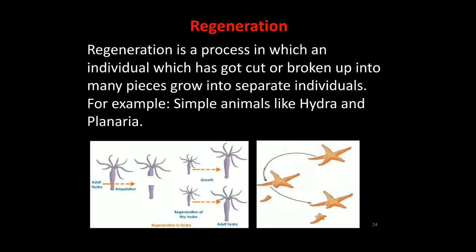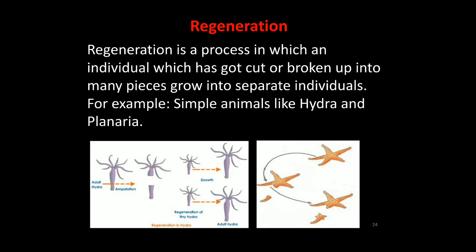Next, regeneration. Regeneration is a process in which an individual which has got cut or broke up into many pieces grow into separate individual. For example, simple animals like hydra and planaria, same thing. For regeneration, best example is, you might have seen lizards losing their tail.